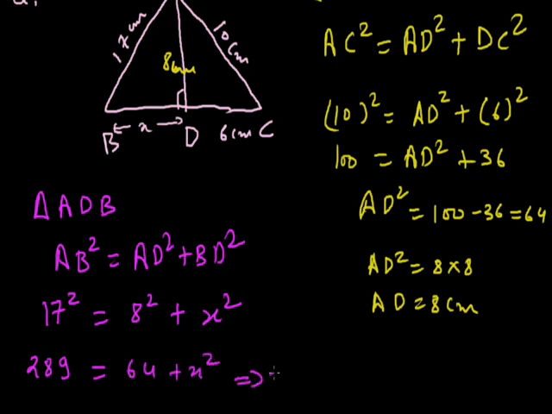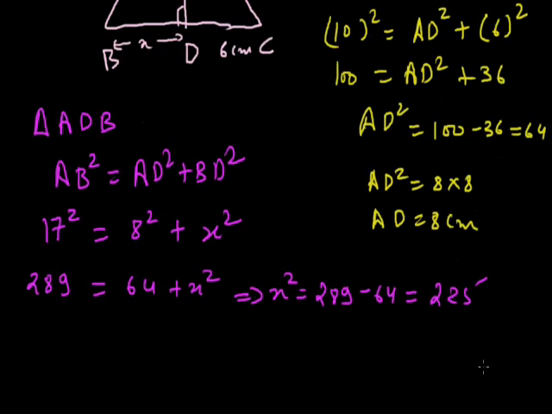This implies that x square is equals to 289 minus 64. That will be equals to 225. Now 225 can be written as 15 into 15. So x will be equals to 15 centimeter. This is the application of Pythagoras theorem. Now if we see any right angle triangle, we can simply apply Pythagoras theorem to find one of the sides if two sides of the triangle are given.